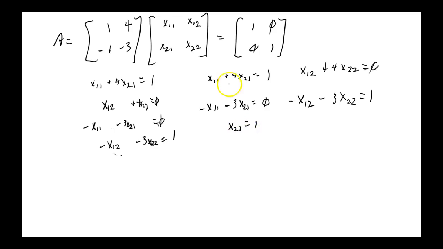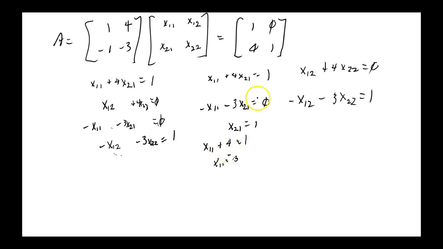And if x21 is equal to 1, then go back and plug in, and you have x11 plus 4 equal 1, so x11 is equal to a negative 3. So x21 is 1, x11 is negative 3.